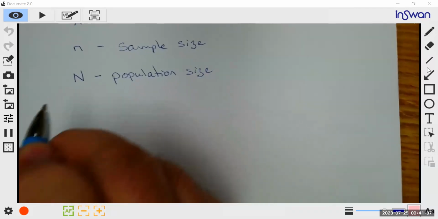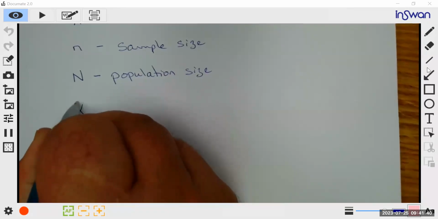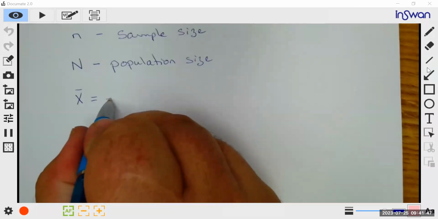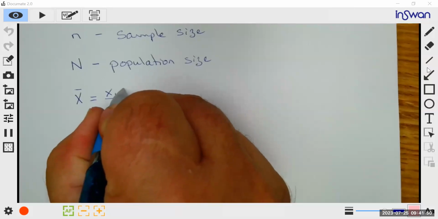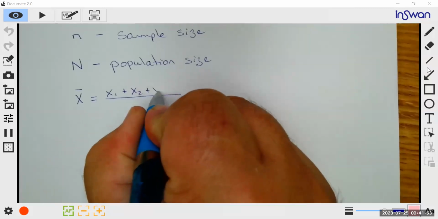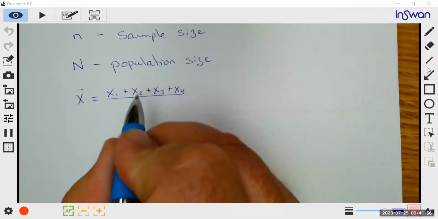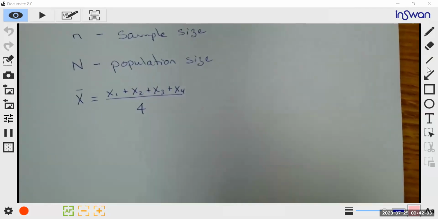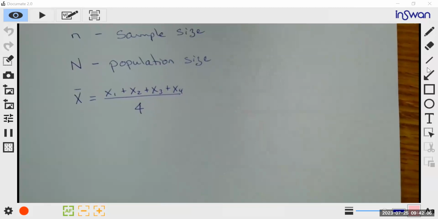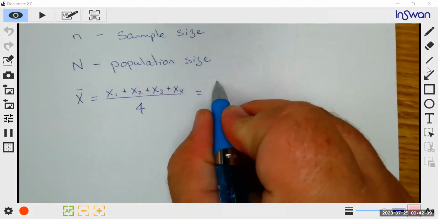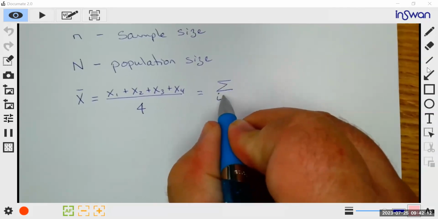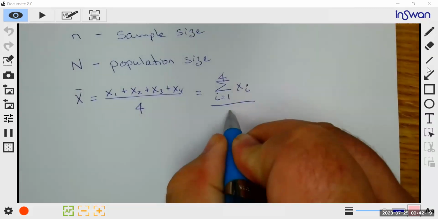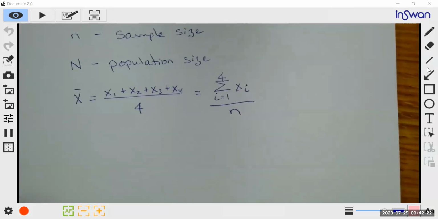Here's the calculations for it now. The mean is calculated by adding all of your individual data points and you divide by how many you have. This is the formula, how it's traditionally written.